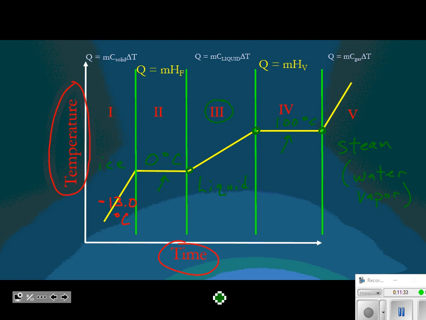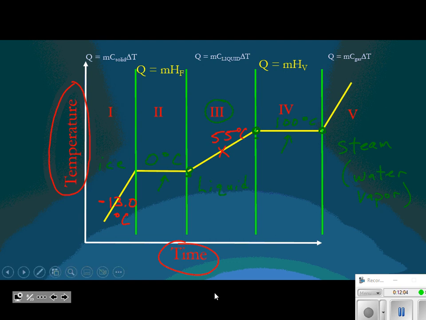So when I'm talking about going from negative 13 degrees Celsius to 55 degrees Celsius, where's 55 going to be? What area? It's going to be area 3, right? Because area 3 went from right here, 0, to up here, 100. So somewhere in here is 55 degrees Celsius.